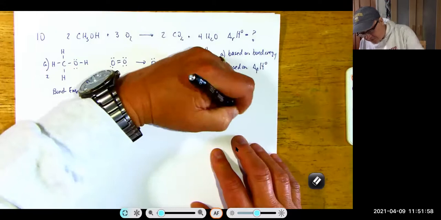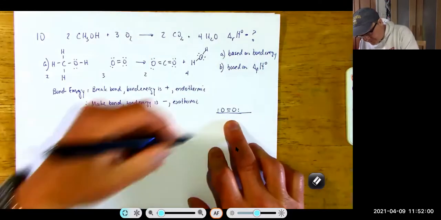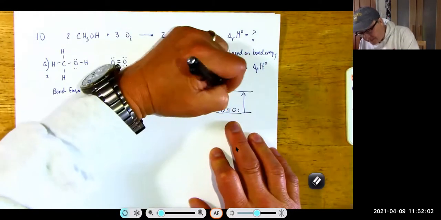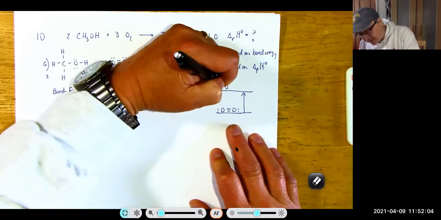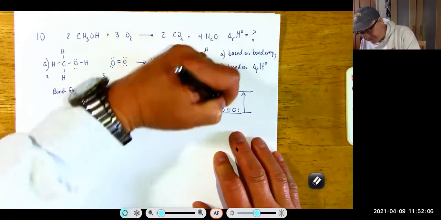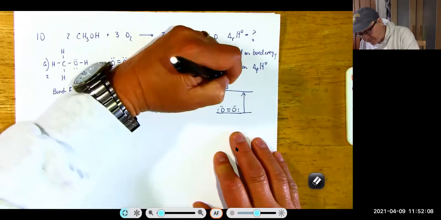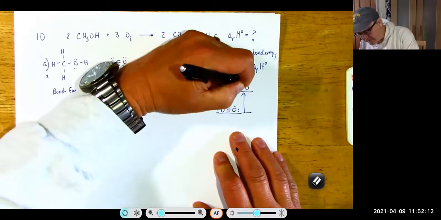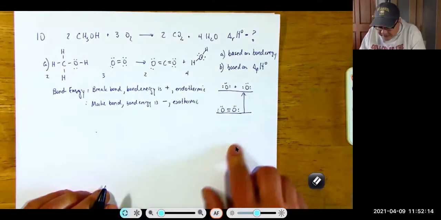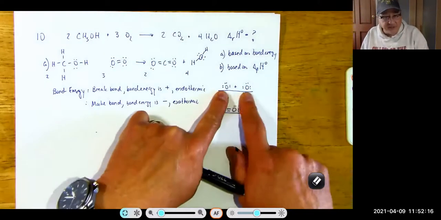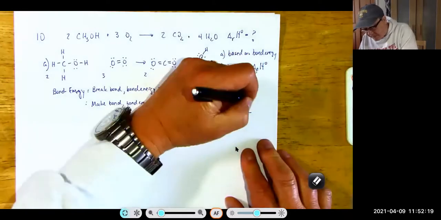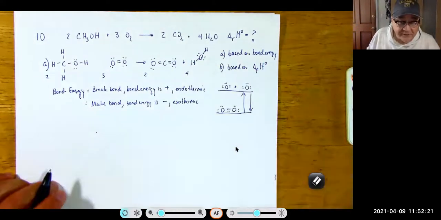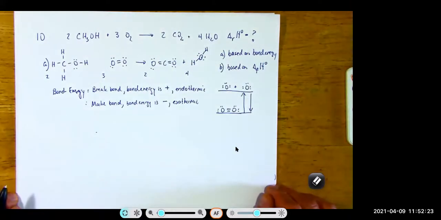So here's the energy of O2. To take these 2 atoms and split them apart, I have to put energy in. But what happens if I let them come back together? Energy gets released.